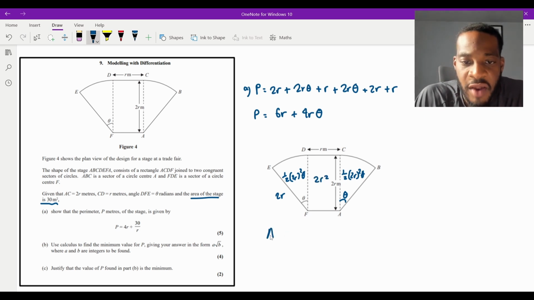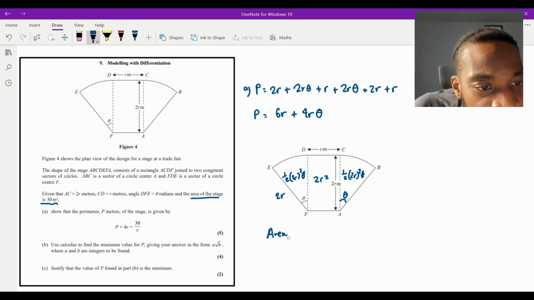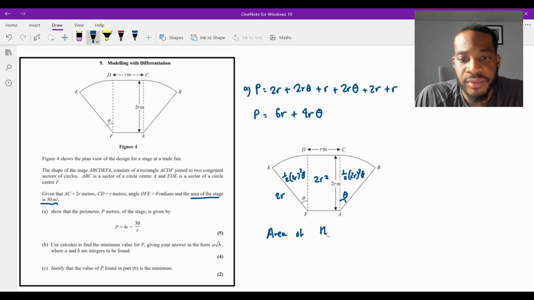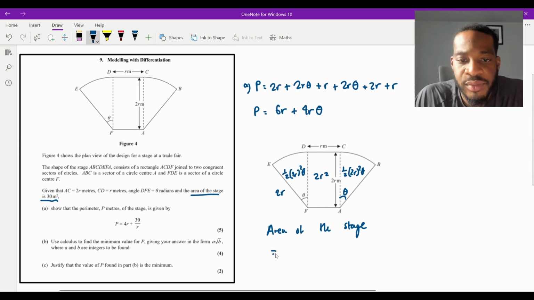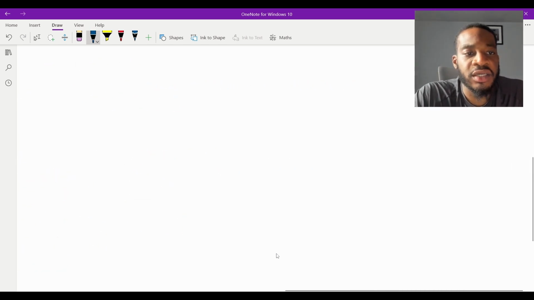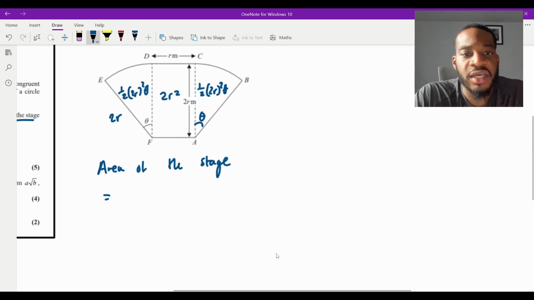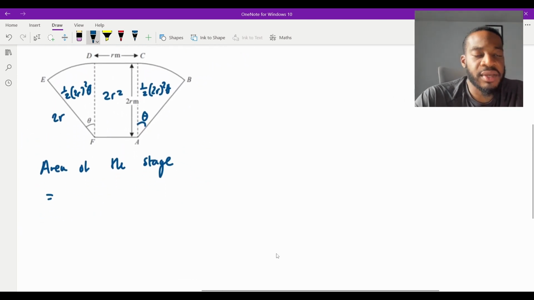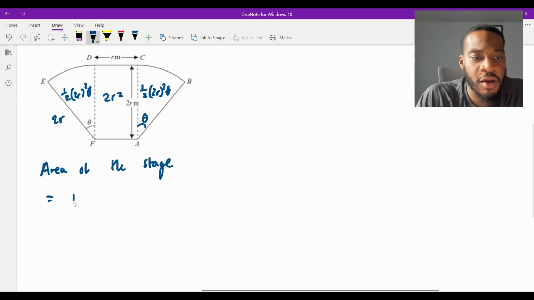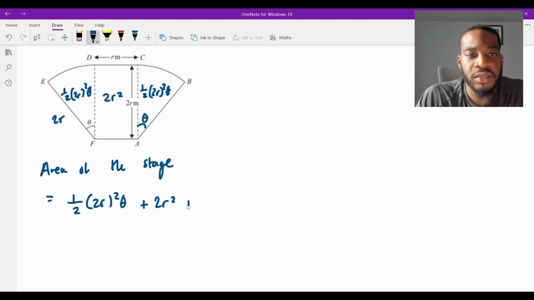So therefore, we can say the area of the stage is literally just going to be equal to 1/2 (2r) all squared theta plus 2r squared plus a half (2r) all squared theta.